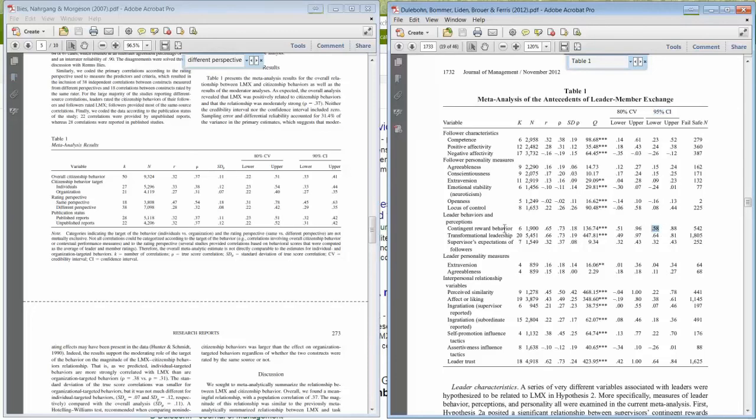So contingent reward behavior, which is associated with transactional leadership, not transformational leadership, shows a very large, or at least large, 0.73 corrected correlation with leader-member exchange. And that range will be from 0.58, which is a moderate effect, up to 0.88, which is indeed a large effect. So contingent reward behavior is something we would want to include in our model.